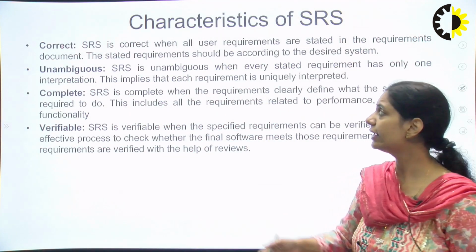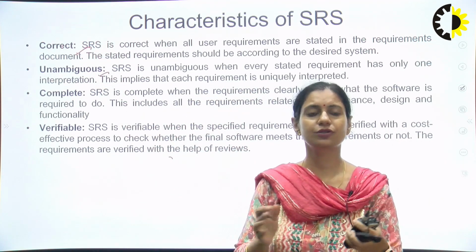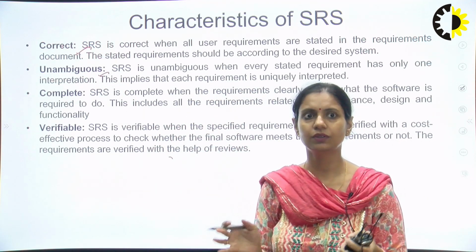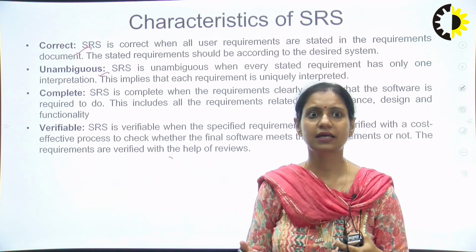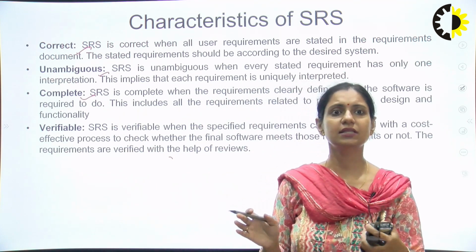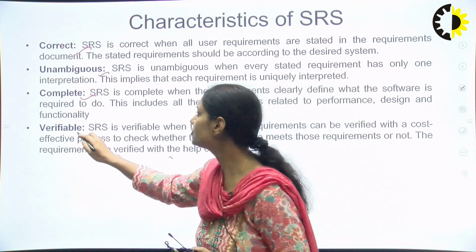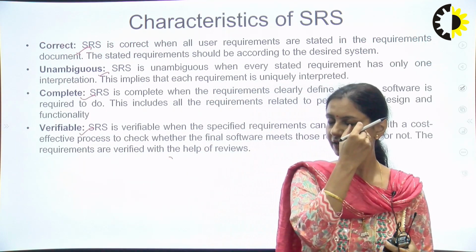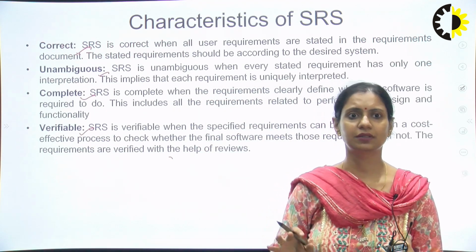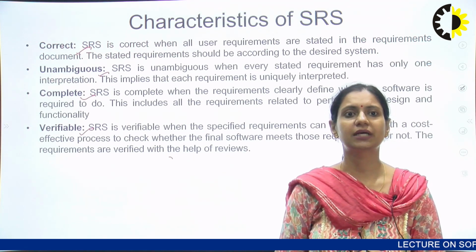So these are the characteristics: it should be correct, it should be unambiguous, there should not be ambiguity between the two things that the user requested. It should be complete in all terms, because later on the validation is done with the SRS, and it should be verifiable, so that whenever the project is developed, we can verify whether it is as per the requirements of the user or not.